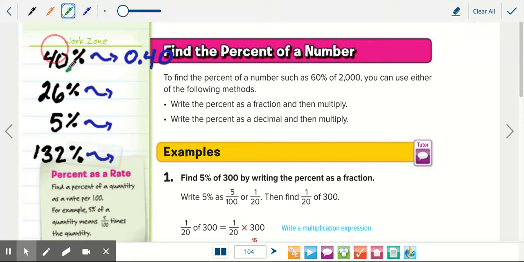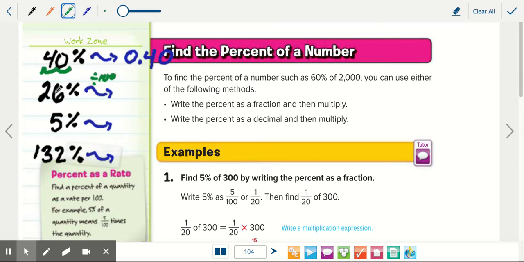And so by moving it 2 spots over, that's where the decimal lands. The other way that you would have learned is that a percent is out of 100. And so in order to change the percent to a decimal, we would have to divide by 100. Either way, that's how we get to changing a percent to a decimal.